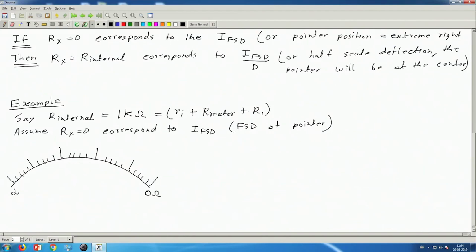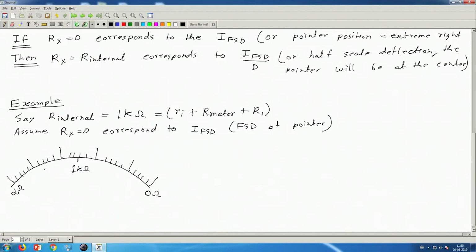This side we will write infinite ohm, Rx actually open circuited, that means no current flows. At the center point we will write R internal, which is 1 kilo ohm, because when Rx is equal to 1 kilo ohm, half of the full scale deflection current will flow and the pointer will be here.